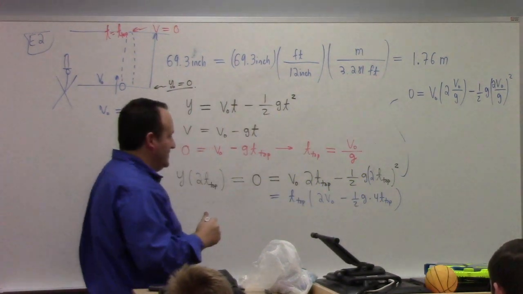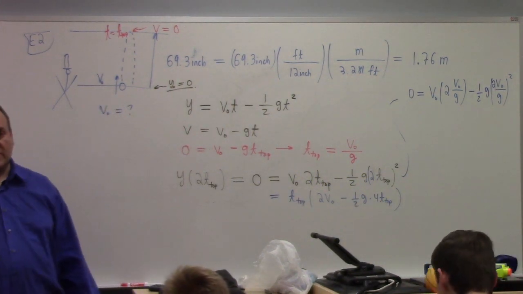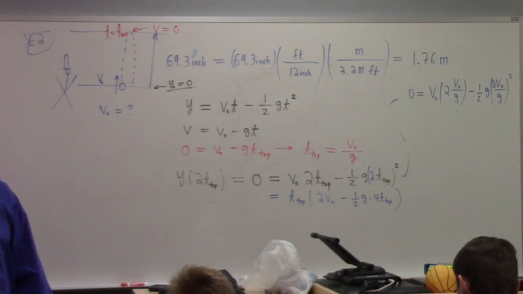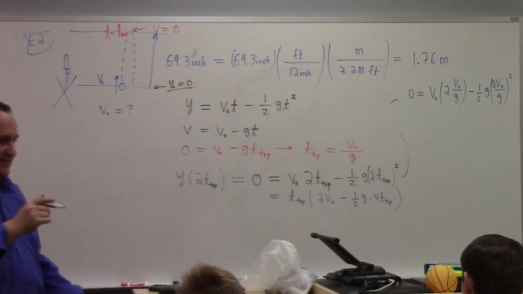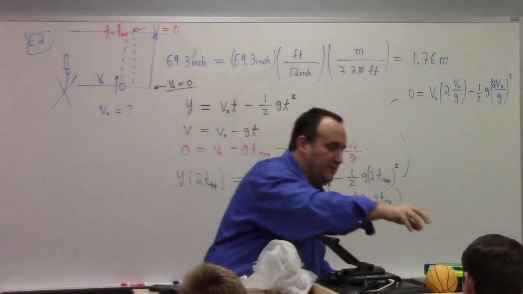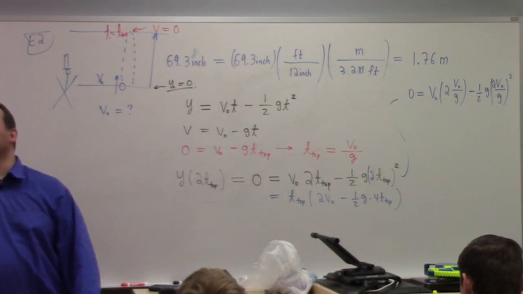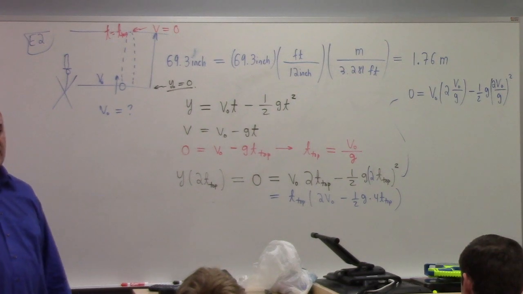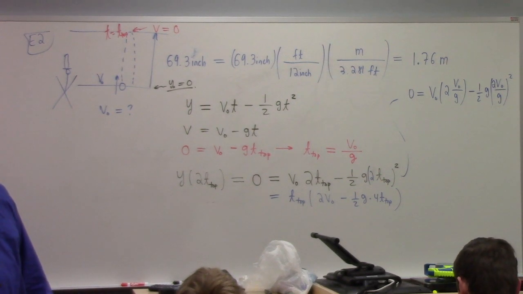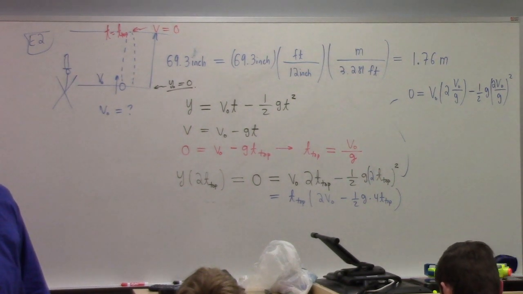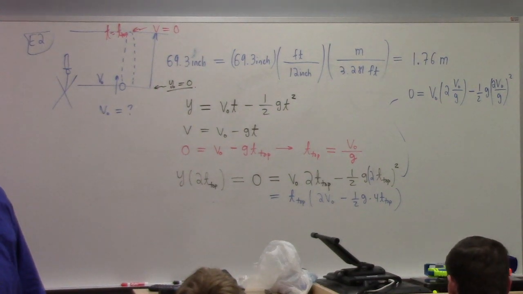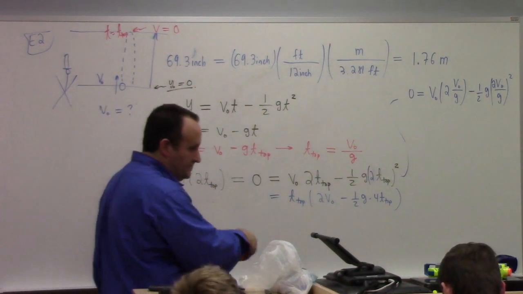I really regret calling that Ttop. But there are two solutions, right? And they make sense. One of them makes sense immediately, because when are you at y equals 0? One of the times is at time 0, when the ball leaves my hand. So mathematically, that's got to be there, and it's there. T equals 0 is the solution. What's the other solution?